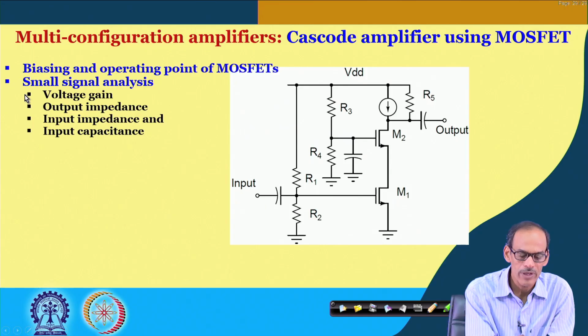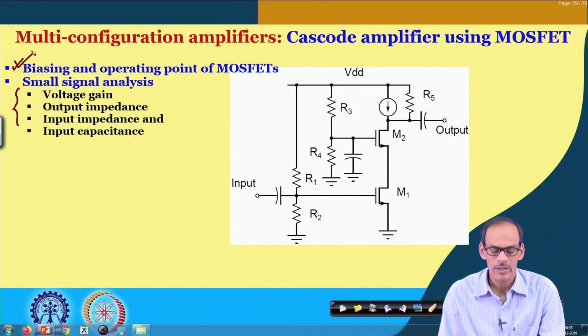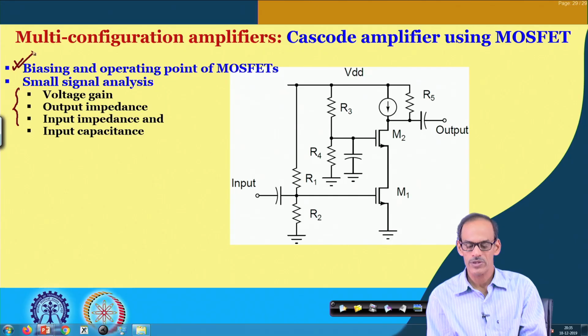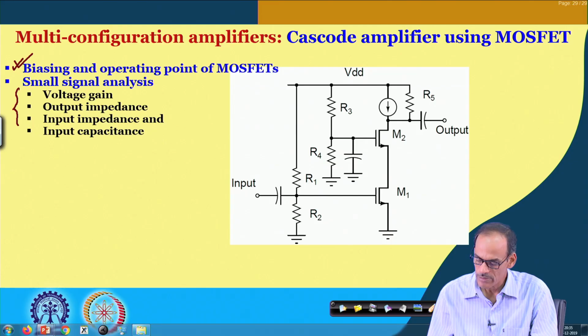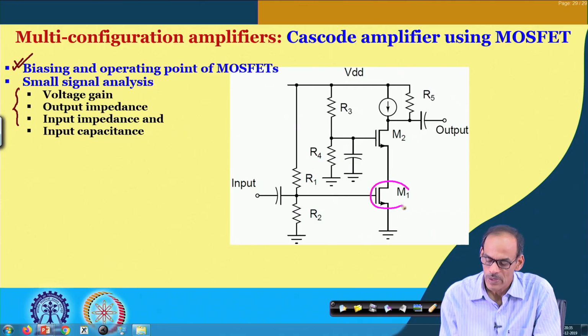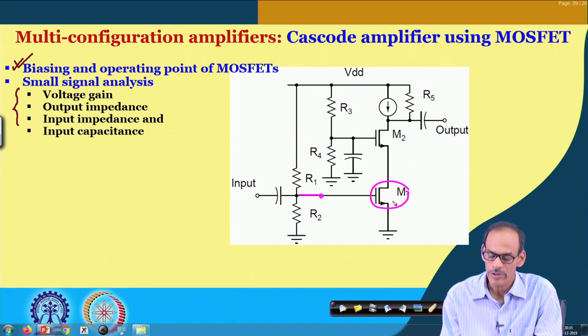So, the analysis will be done by considering its small signal equivalent circuit, but just prior to that, let me put a few words about the biasing and operating point of the two MOSFET transistors. So, what we have on the biasing side: for M1 we need to provide a voltage at its gate sufficiently high so that this transistor will be on, and that is done by this potential divider constructed by R1, R2 and the supply voltage.